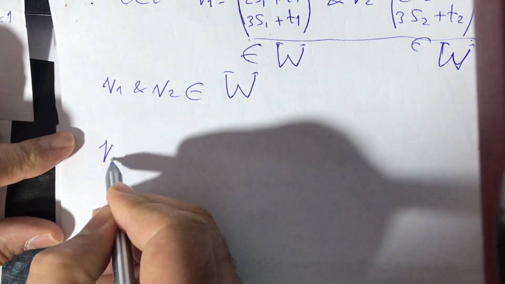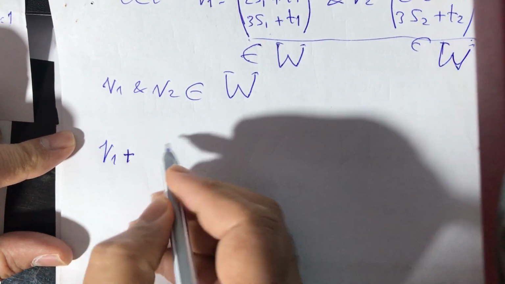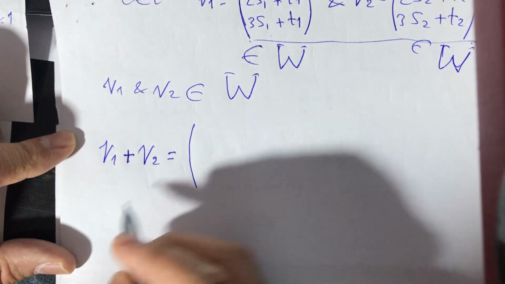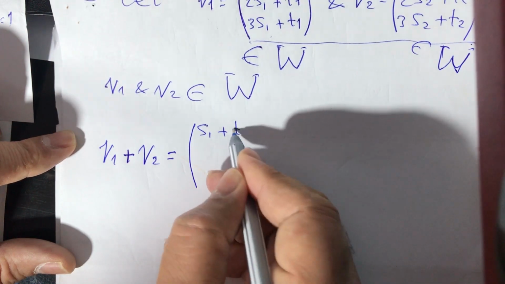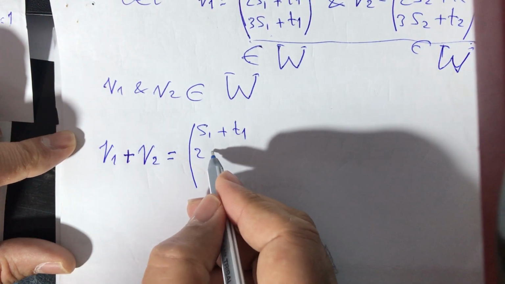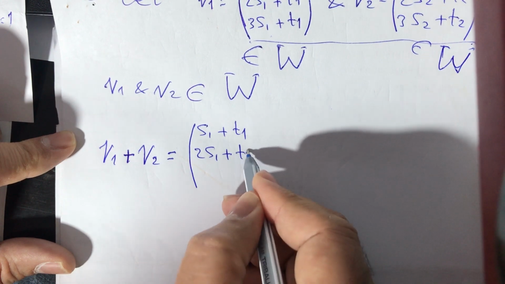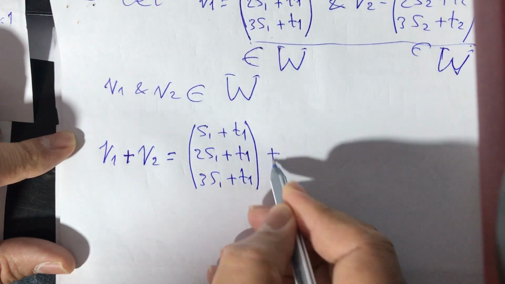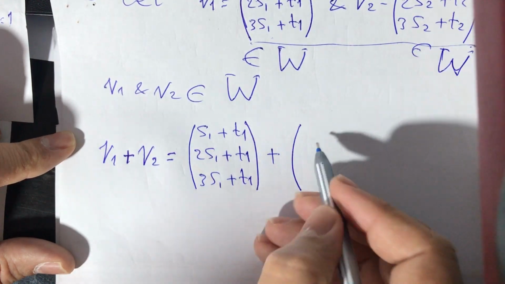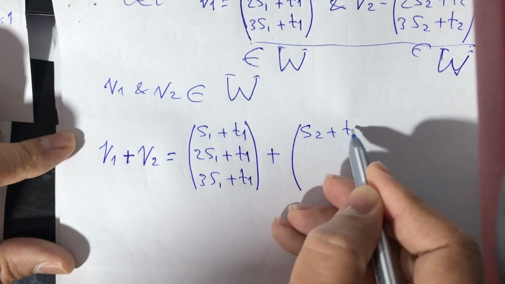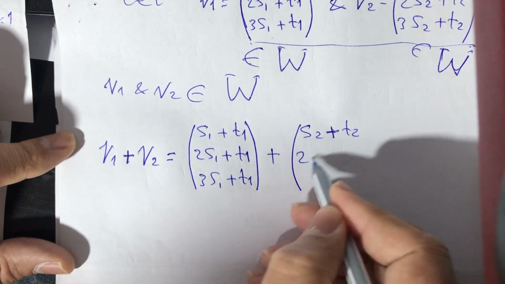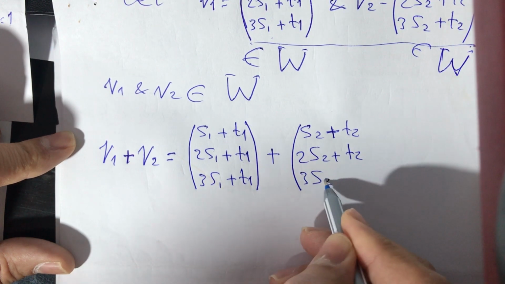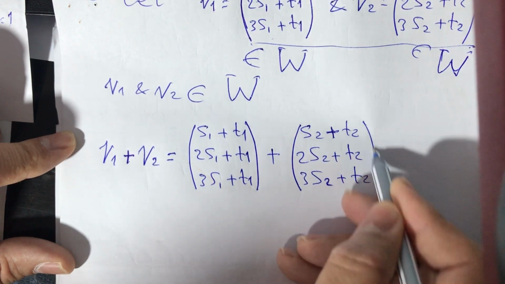So V1 plus V2 is equal to S1 plus T1, 2S1 plus T1, 3S1 plus T1, plus V2, S2 plus T2, 2S2 plus T2, 3S2 plus T2.